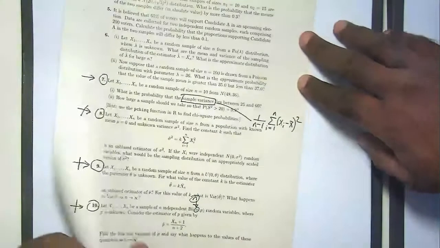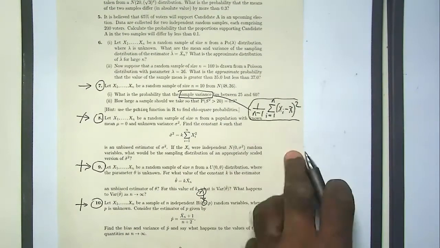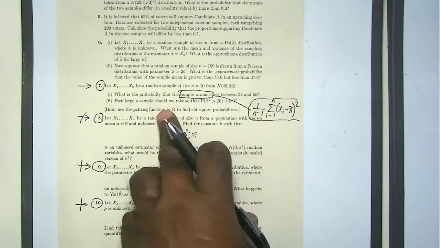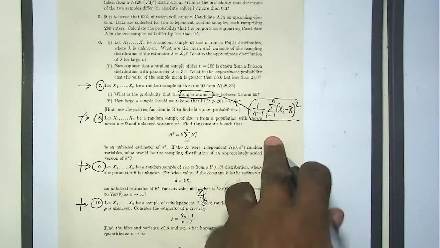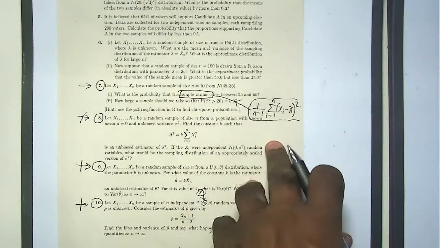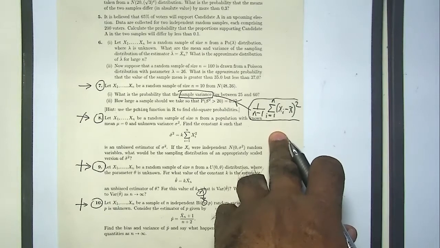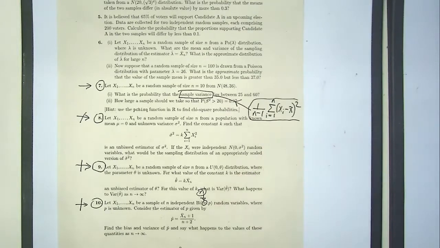Remember, I gave you 2 definitions for sample variance. This is the unbiased version, and I also gave you a biased version. But for question 7, can you use this, please? Use this as the definition of sample variance, which is the unbiased version. Okay.